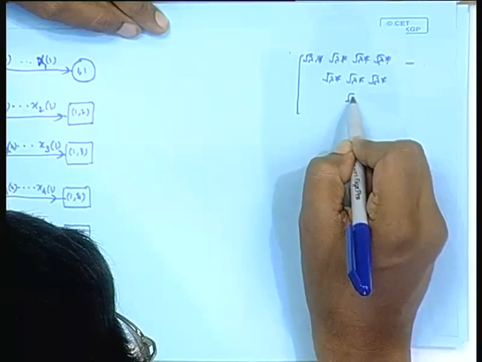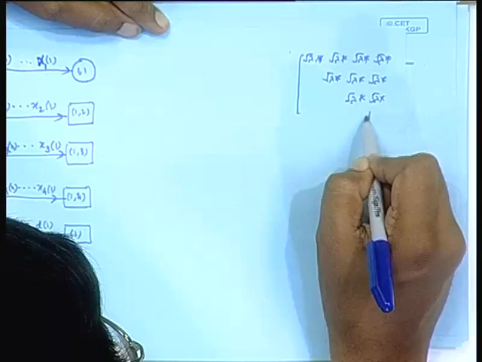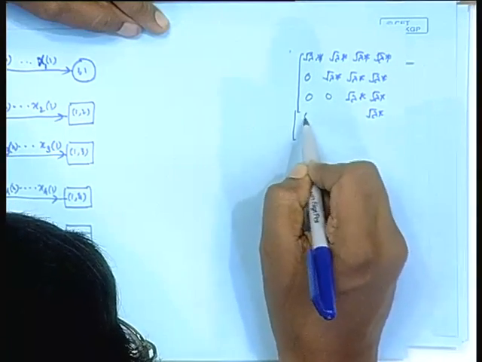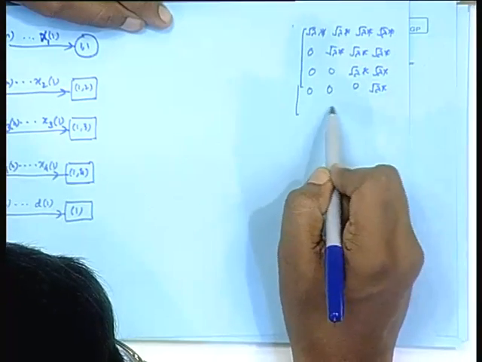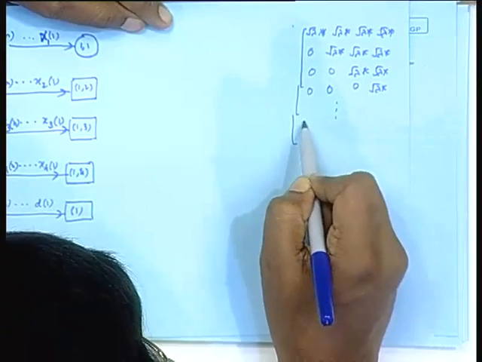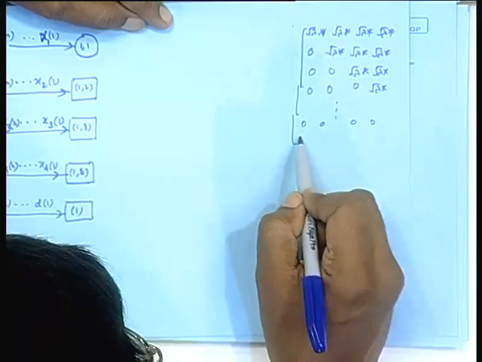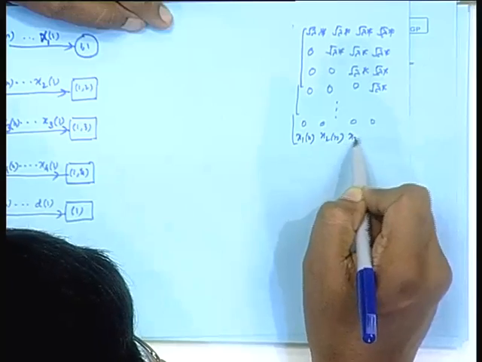Upper triangular, then dot dot dot, zeros, and then last is x1n, x2n, okay.